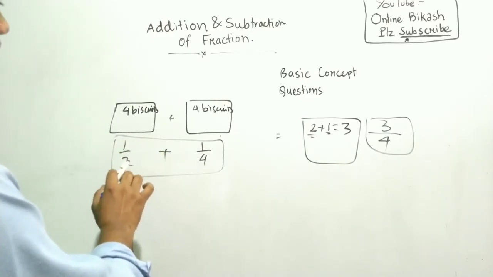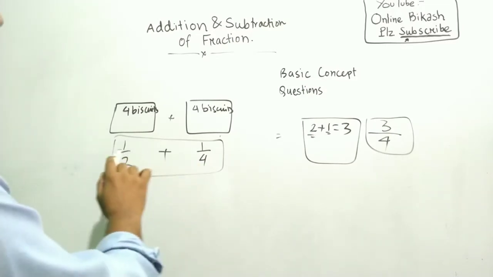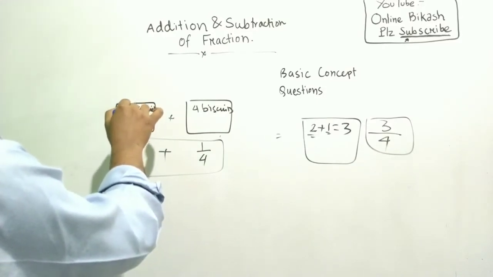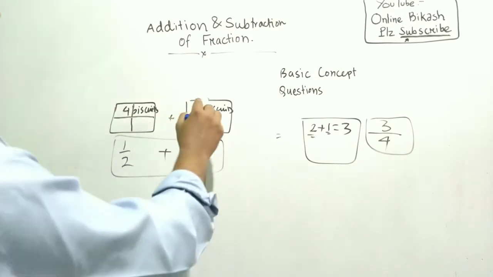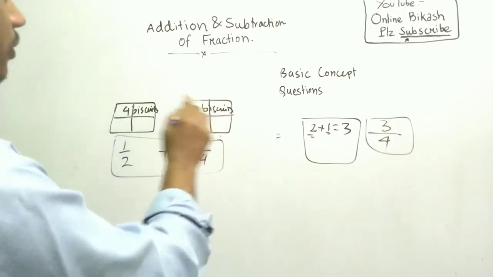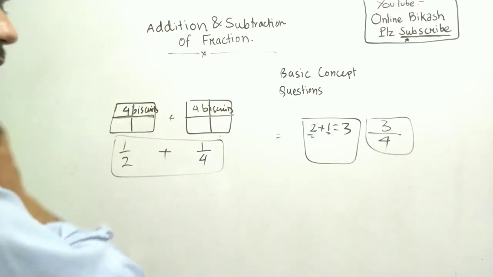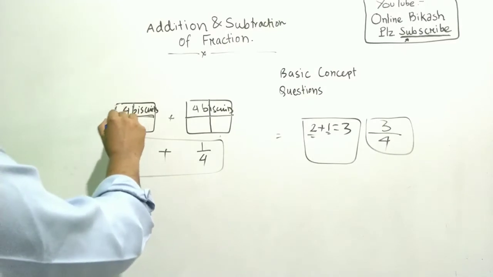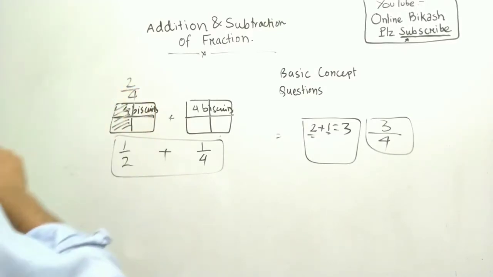So what we did, we changed it into its equivalent fraction so that the denominators become the same. We divide this biscuit packet into 4 equal parts, and we also divide the other packet into 4 equal parts. If we take 1/2, out of these 4 biscuits you get 2.